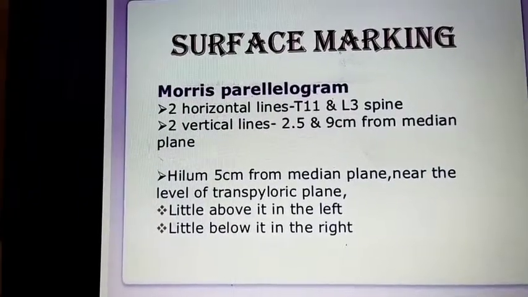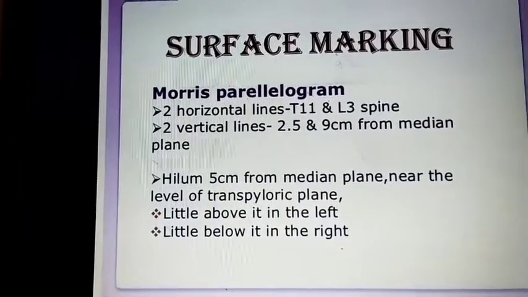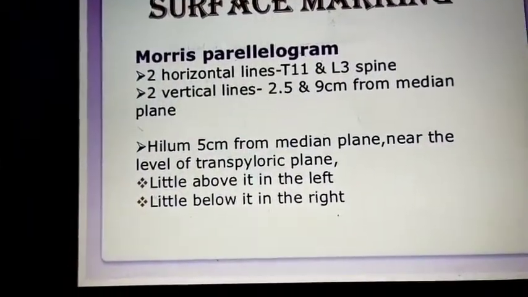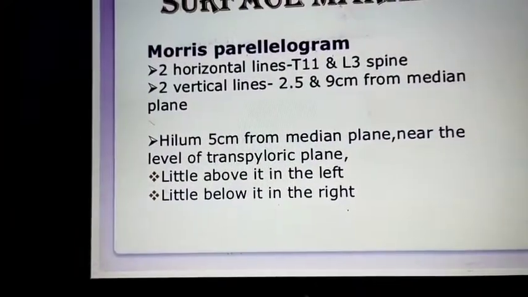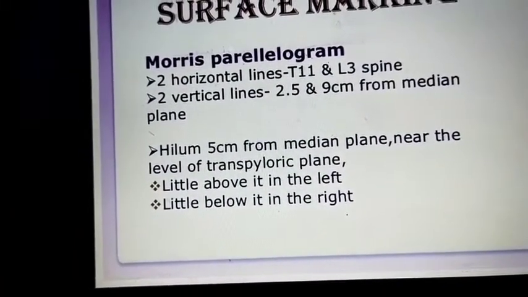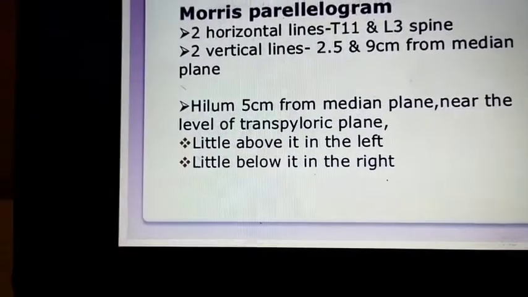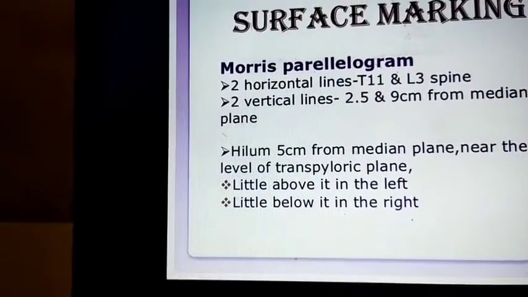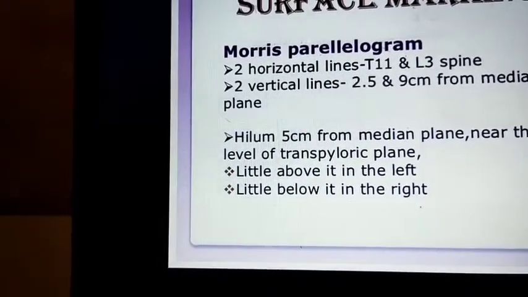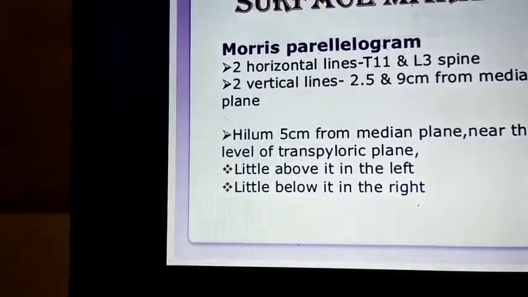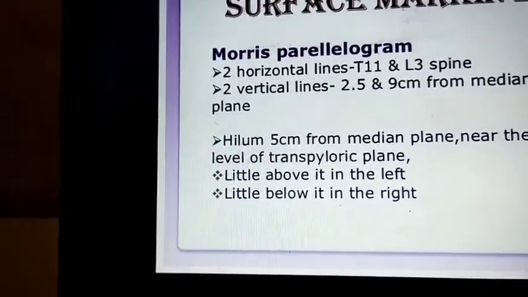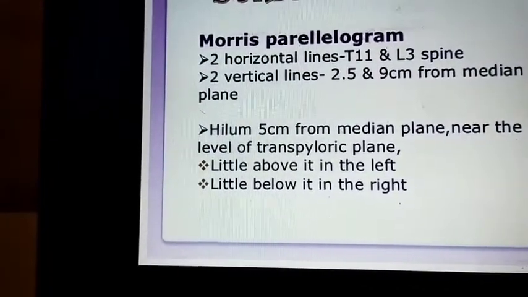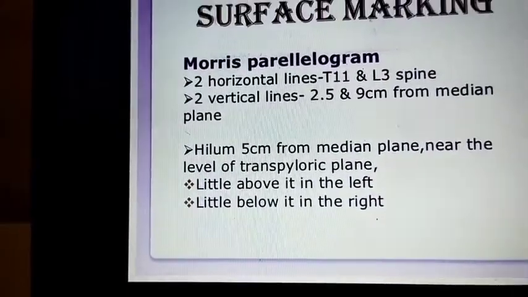One is 2.5 centimeter and another is 9 centimeter from the midline plane towards the lateral side. The hilum of the kidney is at 5 centimeter from the median plane, near the level of the transpyloric plane, a little above it on the left and a little below it on the right.